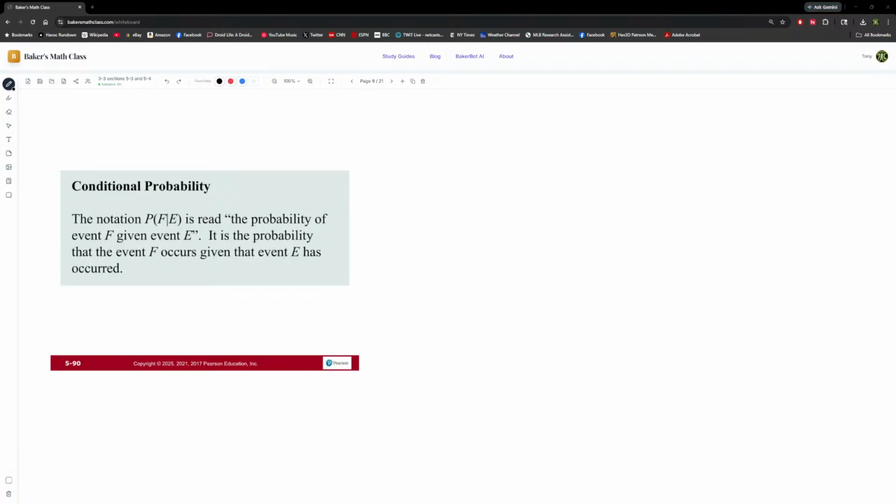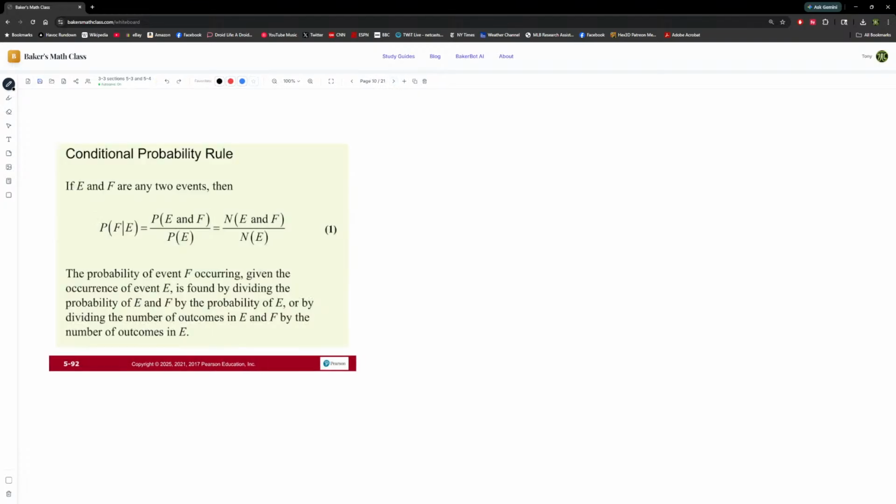When we're looking at this, the formula is going to look a little crazy, but when we start to actually do the problems, it becomes a little bit simpler. So this is the conditional probability rule. You'll notice there are two rules here. I typically end up looking more at the second one. We just look at the number there over the actual number.